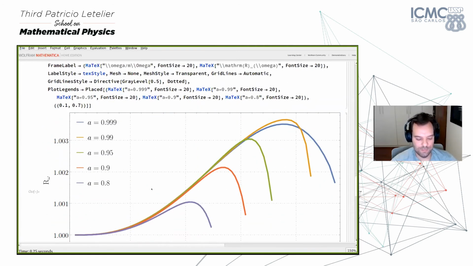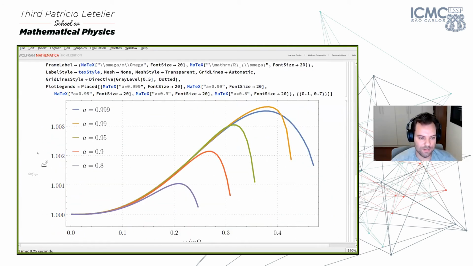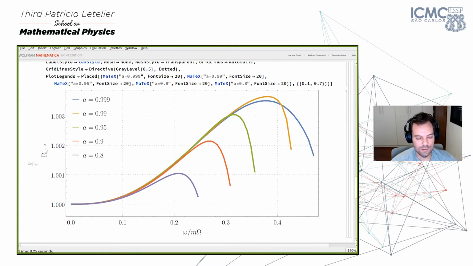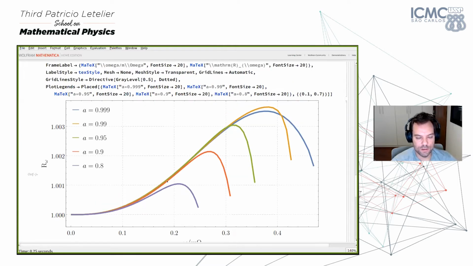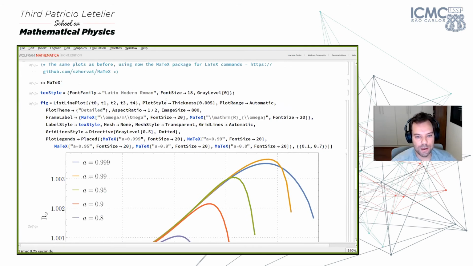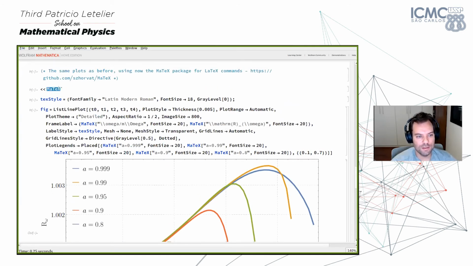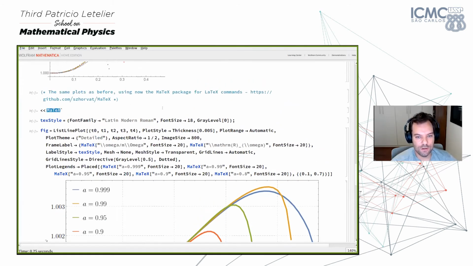And here is the plot with all the definitions. I'm using here this package MaTeX, so it's pretty easy to install. You can just go to this website, and you can install it with just one single command in Mathematica. If you have Mathematica 11 or 12, I guess it works.